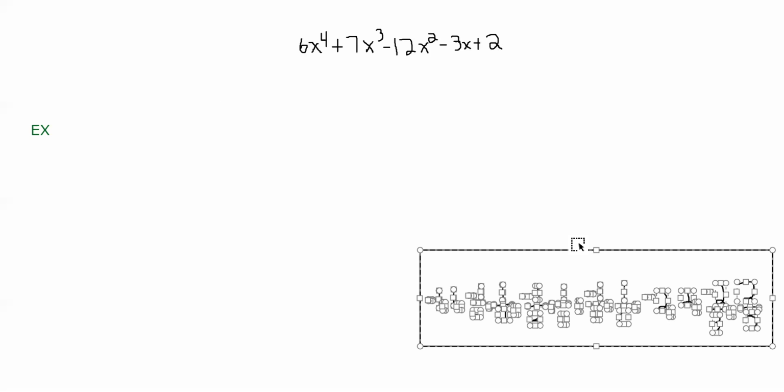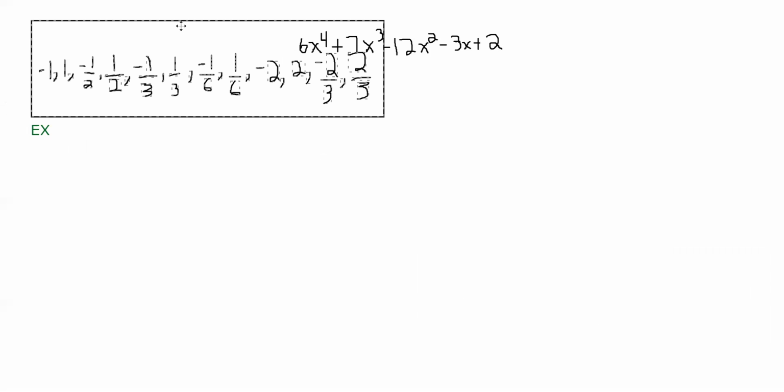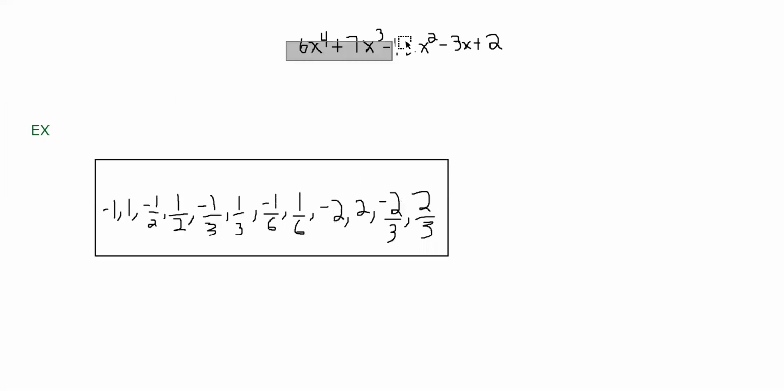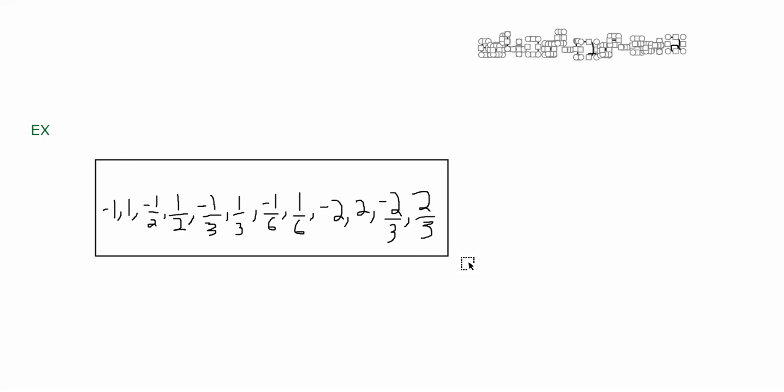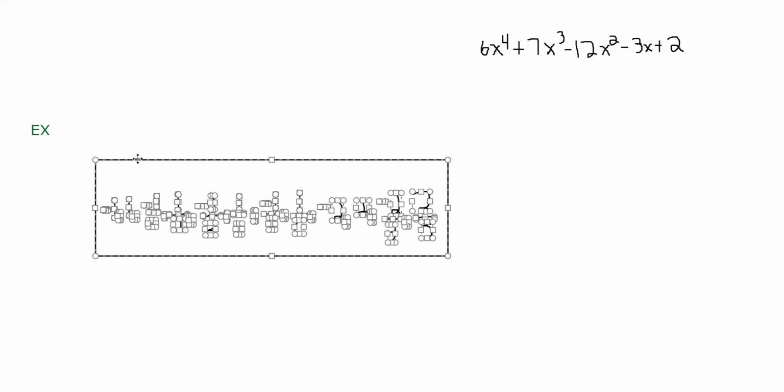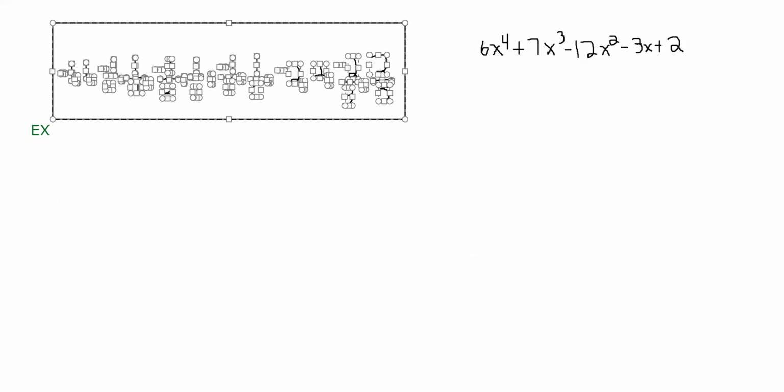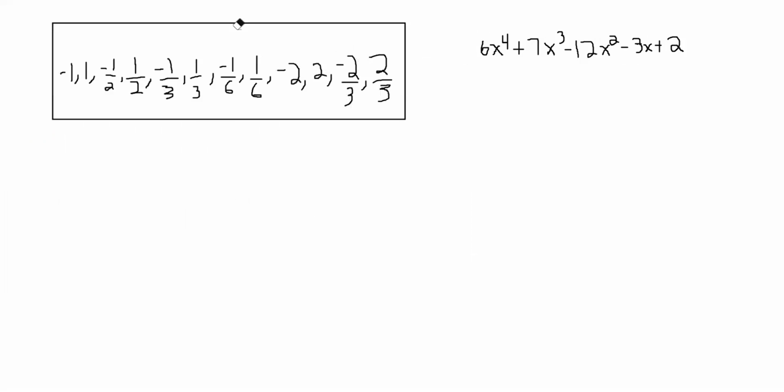This is a list of possible rational roots for it. So actually, let's move this even further. And this is the list we're going to work through. Now let's completely factor this polynomial.